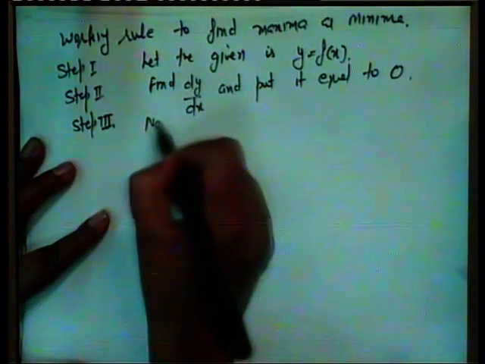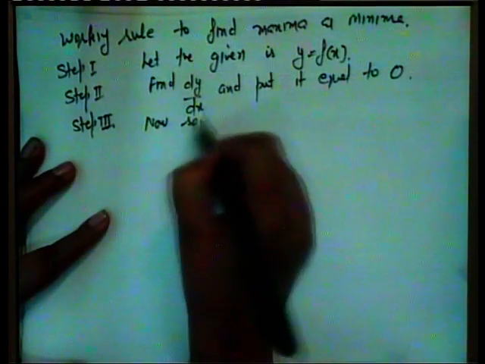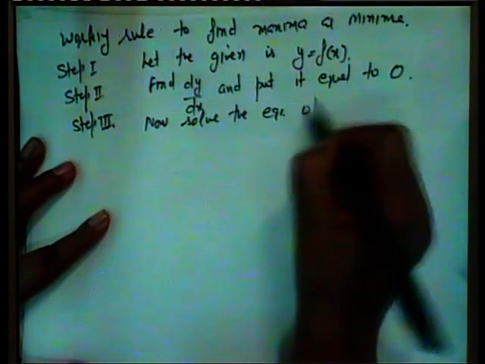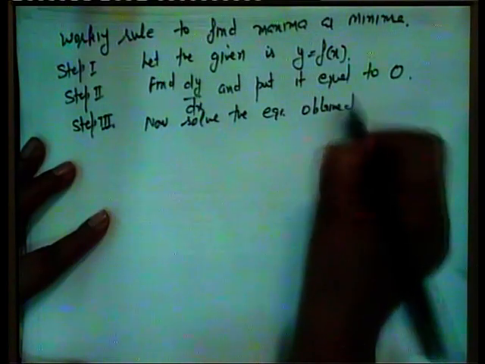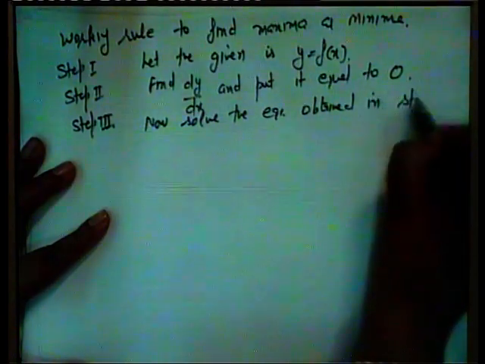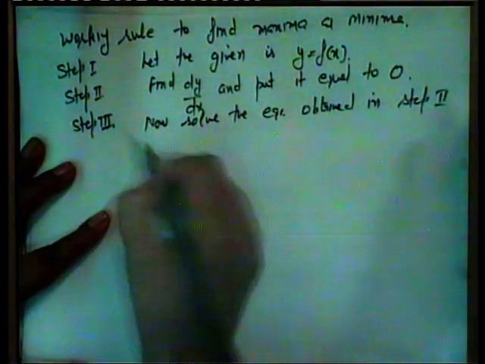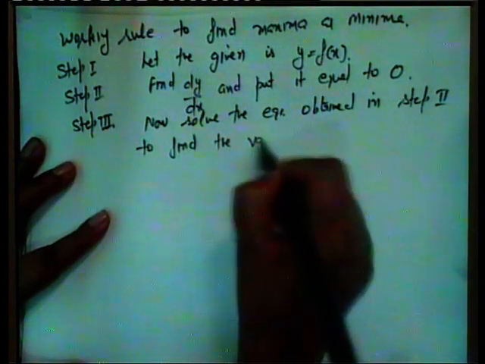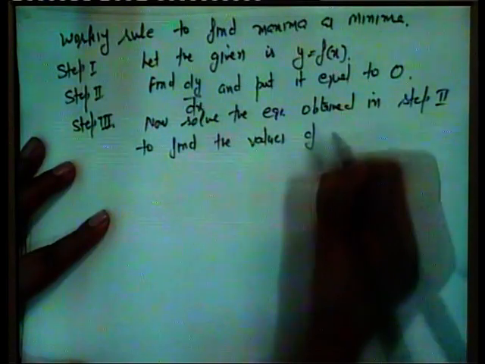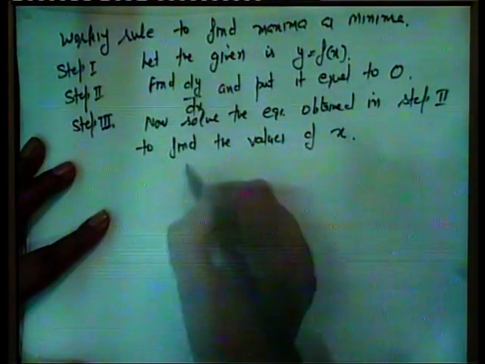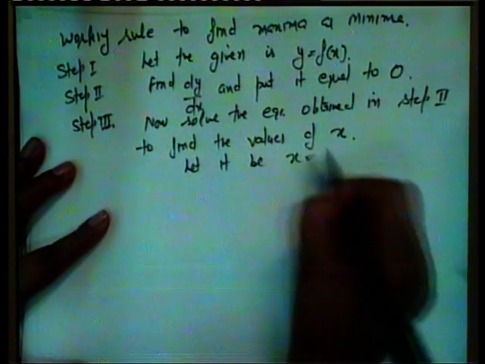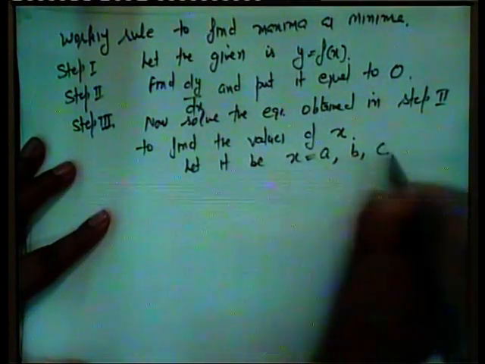Now, solve the equation obtained in step 2 to find the values of x. Let it be x = a, b, c.